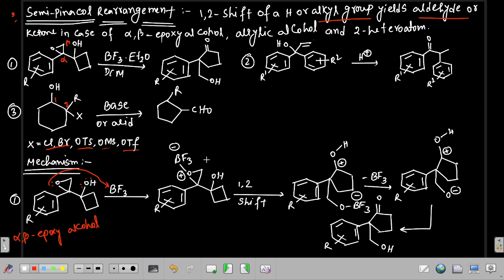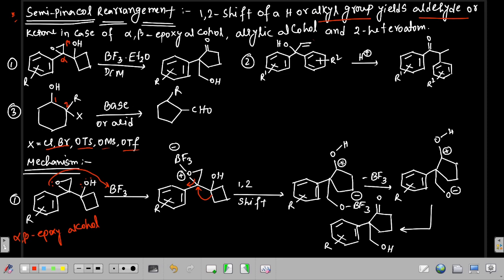Later, this bond will break and it will shift here. That is a 1,2 shift, and it leads to the breaking of this bond, and it leads to the formation of this carbocation.